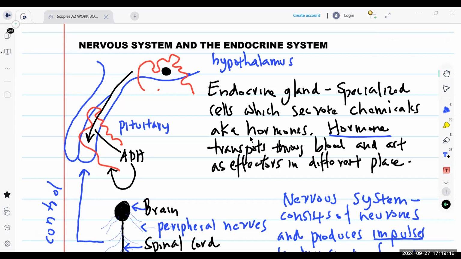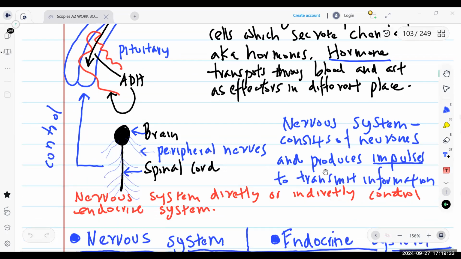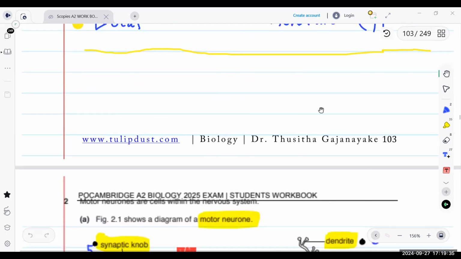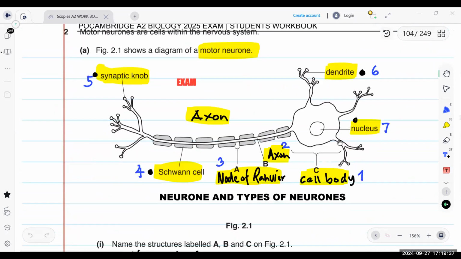But what is new here is the brain and the nervous system, which is a bit complicated because there are so many advanced mechanisms happening in the nervous system. Okay, and we learned after that the basic unit of the nervous system.